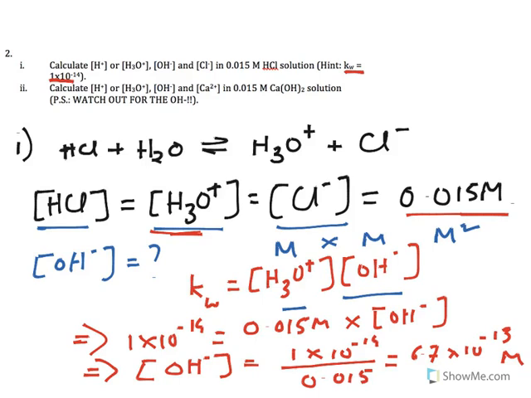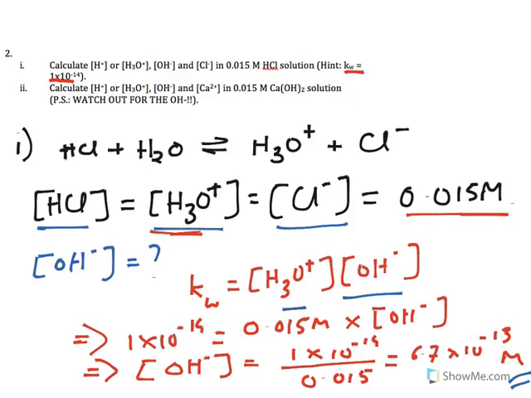Now, we also know that we have 0.015 molar, so we have 1 molar over here. So molar squared divided by molar, at the end of the day, will just give us 1 molar, which is what we got here. Now that we know the final concentration of the OH minus ions, we are done with this part of the example.